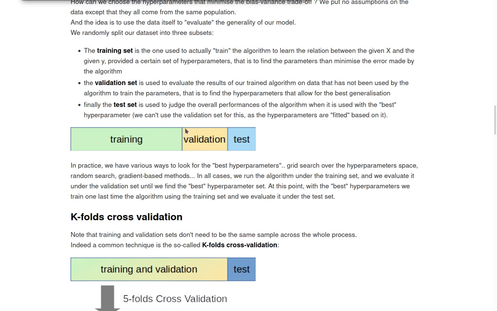Normally we do this various times for various hyperparameters until we find the best hyperparameters, where the generalization is the best.